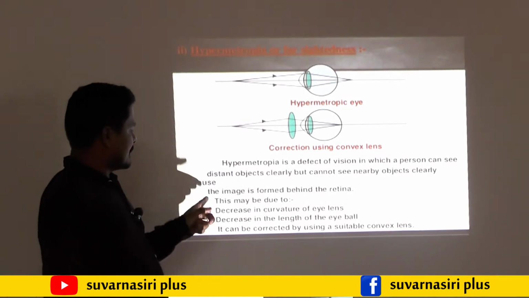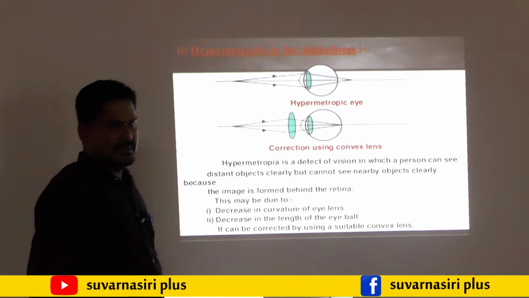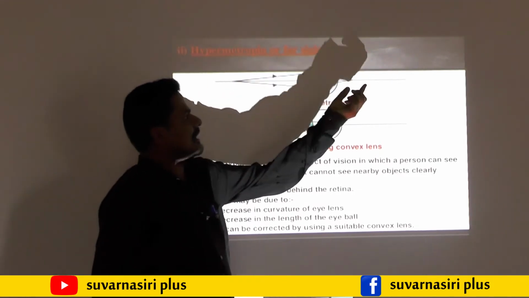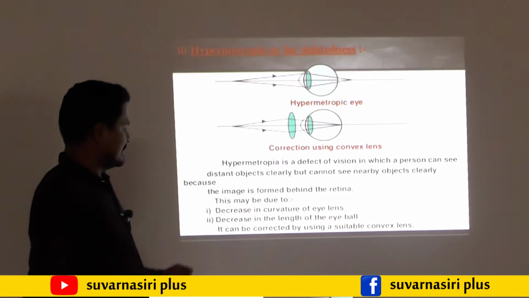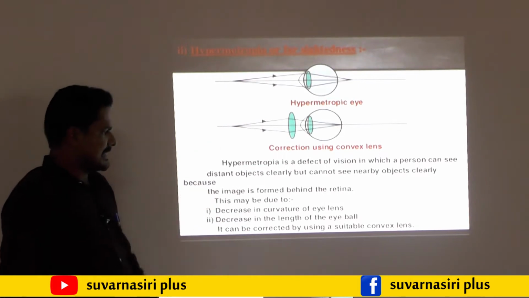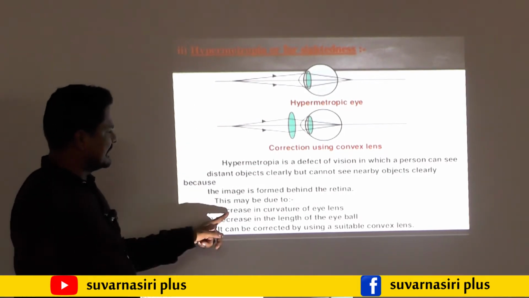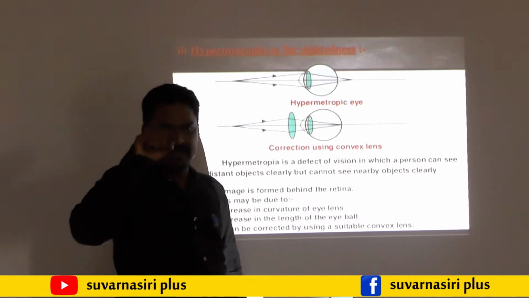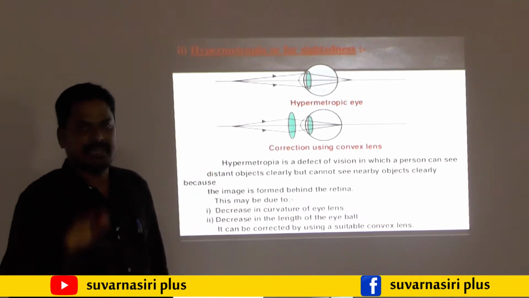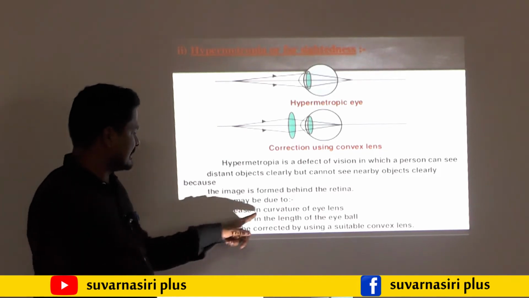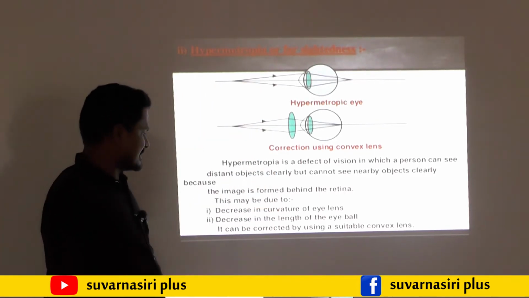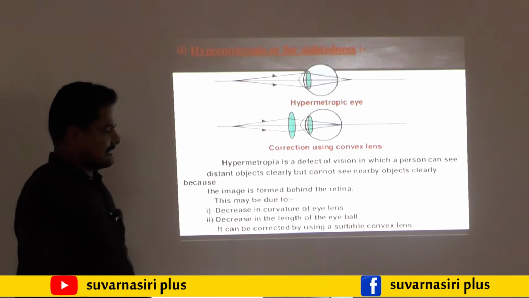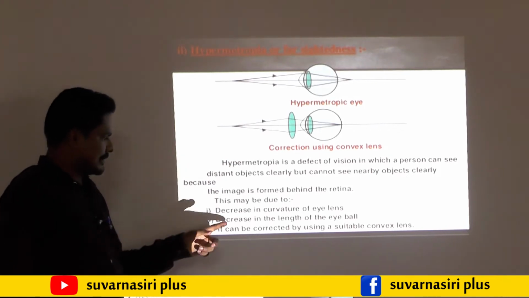Because the image is formed beyond the retina, it is not forming on the retina. This may happen because of a decrease in the curvature of the eye lens. The radius of curvature of the eye lens is decreased. Due to that reason, a person may suffer from farsightedness, or hypermetropia.